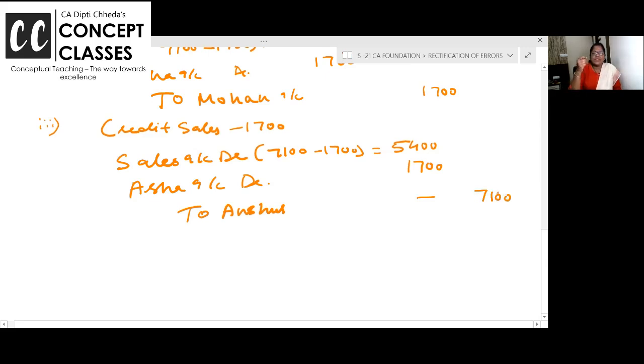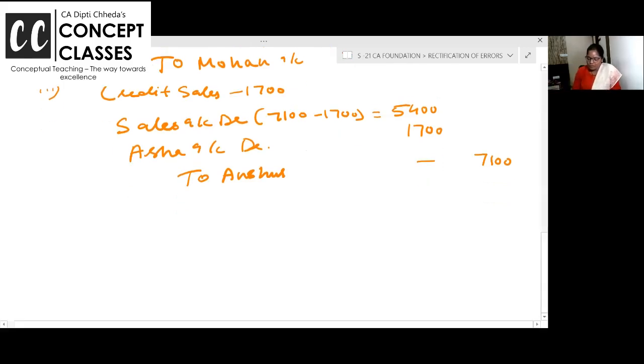You have not sold a single rupee of goods to Anshul. So Anshul credit. All clear to all of you? ठीक है? चलो.